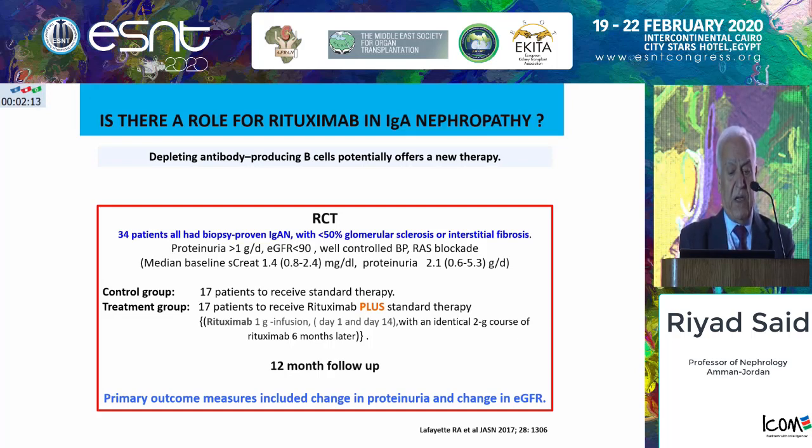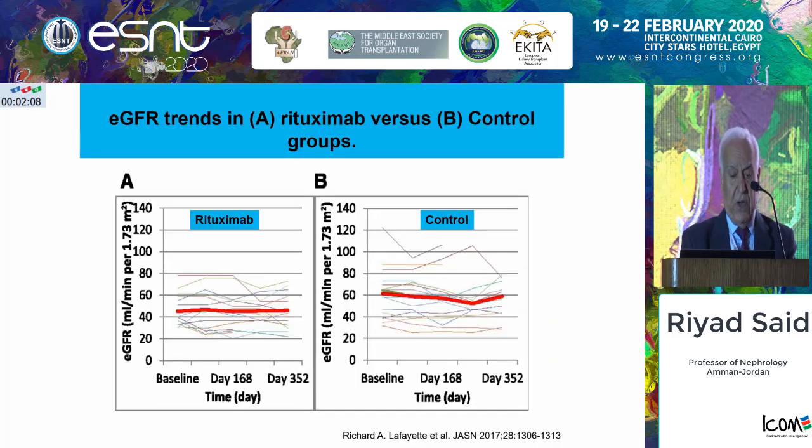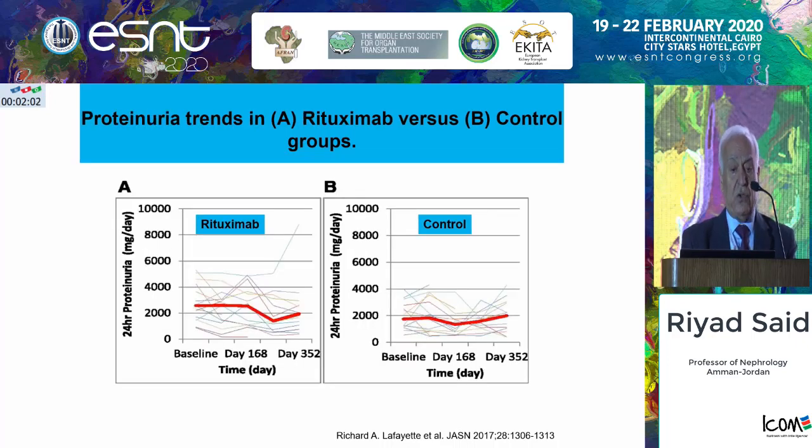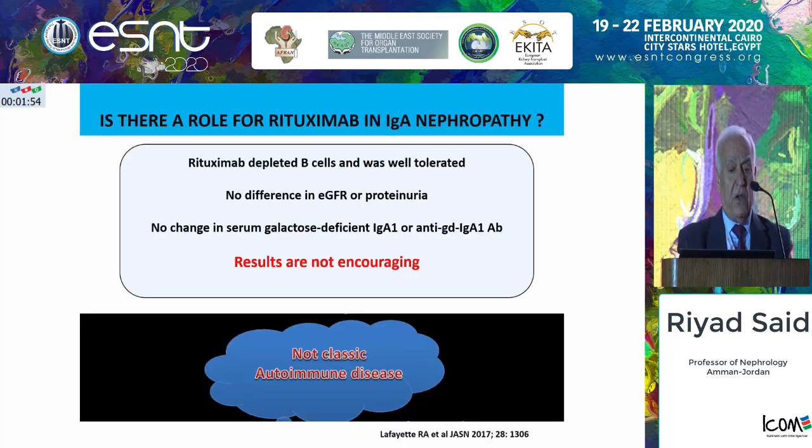Primary endpoint was what happens to the GFR and the proteinuria. There is no difference between the rituximab group and control concerning GFR, and no difference in proteinuria reduction. The conclusion was that rituximab depleted the B cells, yes, but there was not really a change in the outcome concerning proteinuria and creatinine.